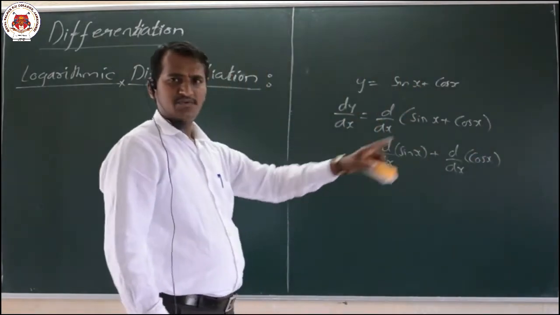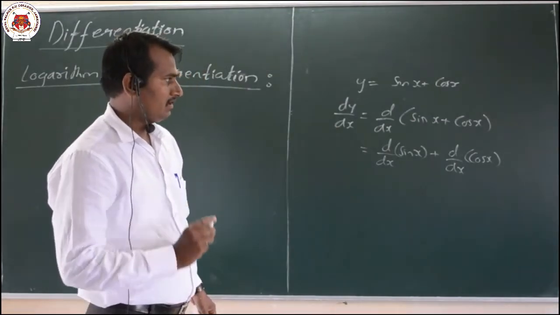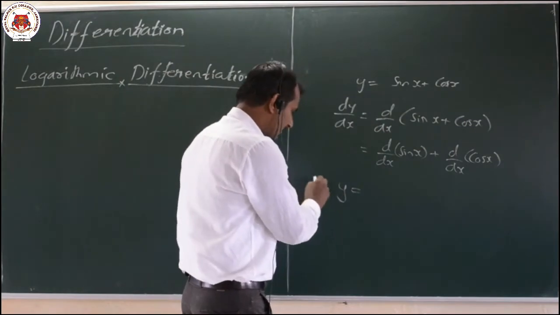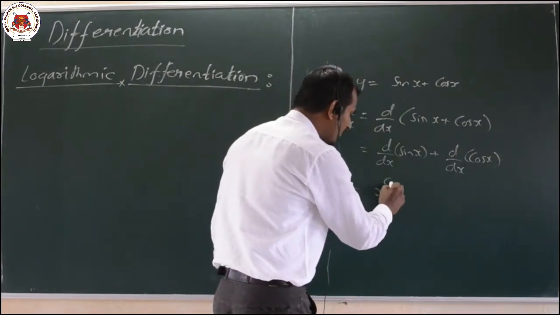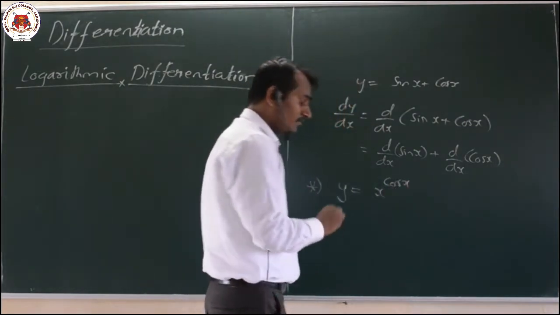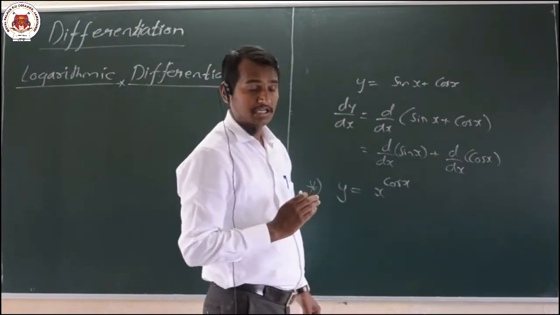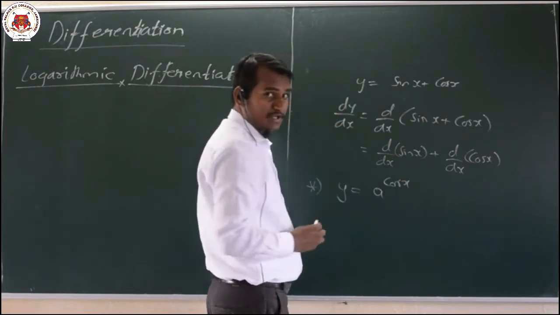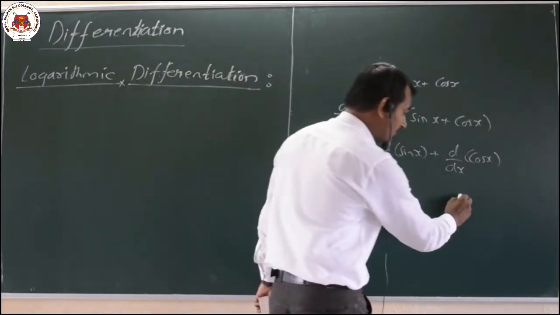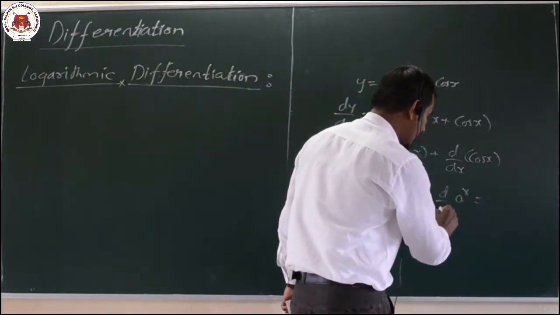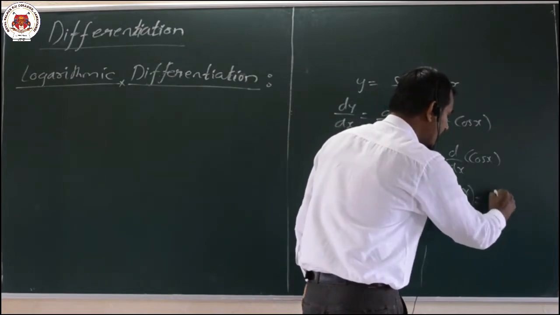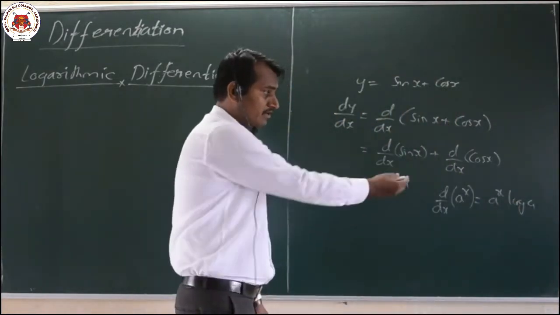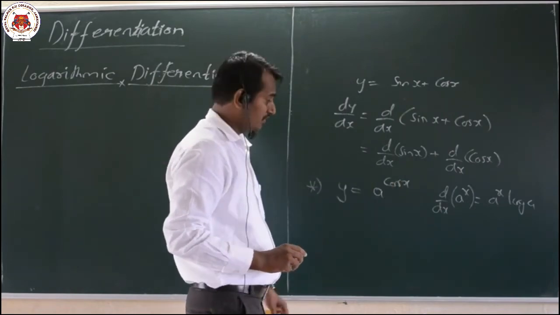You can differentiate it separately. But consider a problem like y is equal to a to the power of cos x, a constant to the power of a function. You can solve this using the formula: d by dx of a raised to x is a raised to x into log a, which you already learnt in first PUC.